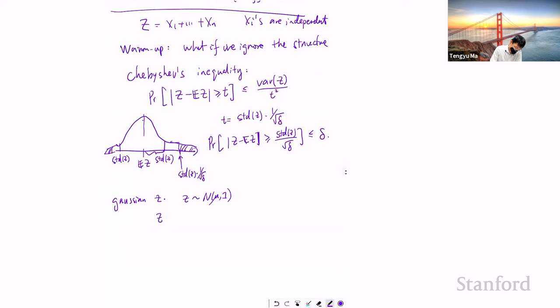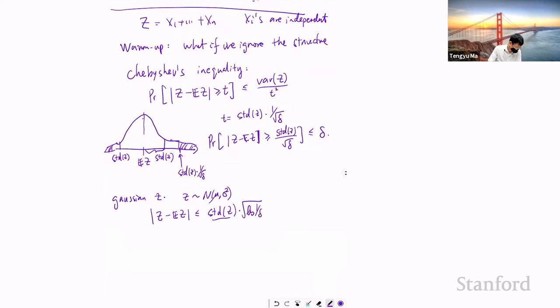Then what you know is that z minus expectation of z is less than standard deviation of z times square root of log 1 over delta. Let's say this is just a general Gaussian distribution where the standard deviation is sigma, and with probability at least 1 minus delta, you have this.